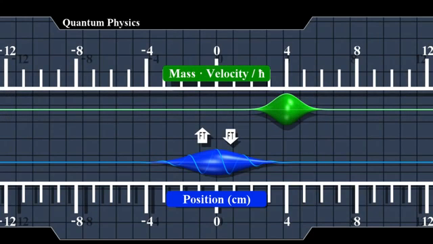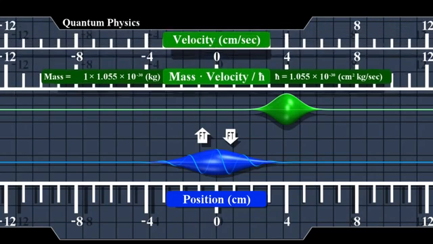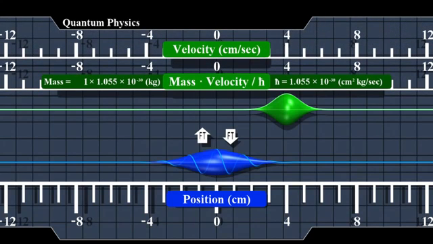To put the display on a reasonable scale, we divided the momentum by a factor called the reduced Planck constant, or h-bar. Here is its value using our units of choice. For the mass of the particle, we chose the same value as h-bar in kilograms. This is close to the mass of an electron. So the mass and h-bar canceled each other out, and we ended up with plain velocity in centimeters per second.